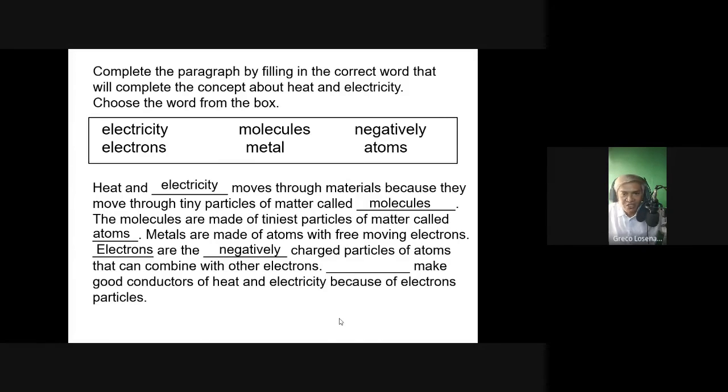They are negatively charged particles of atoms that can combine with other electrons. What do you think is the missing word here? Yes, you are correct. Metal. Metals make good conductors of heat and electricity because of electronic particles.